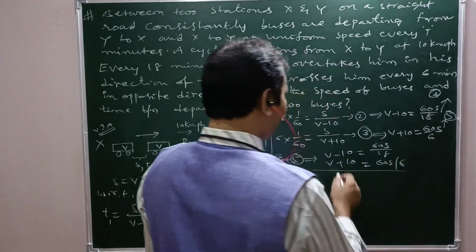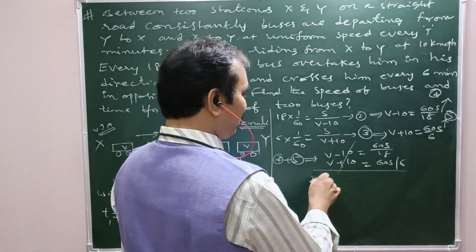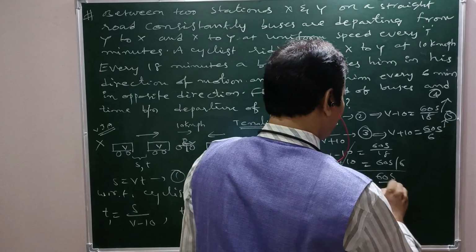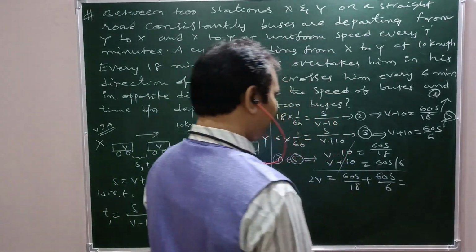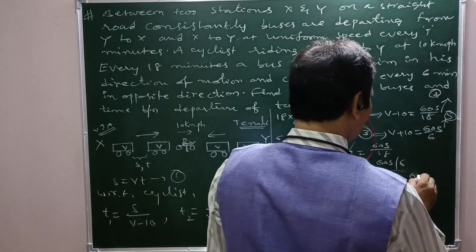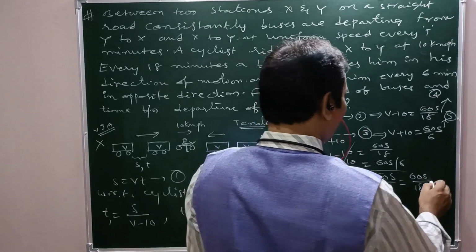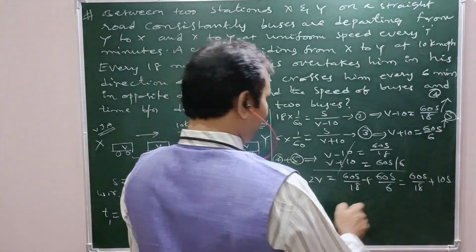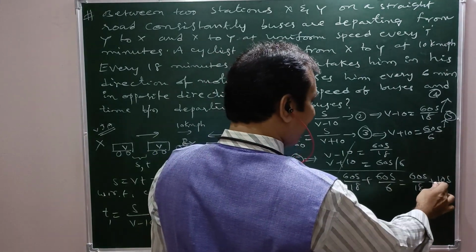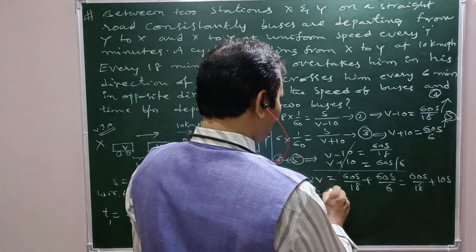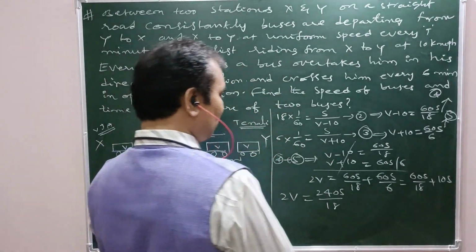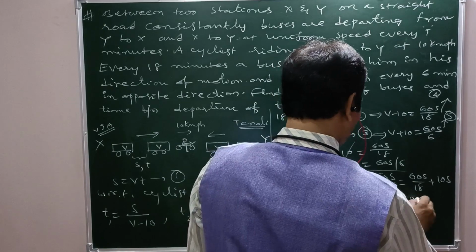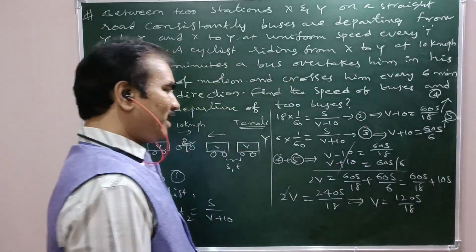Minus 10 plus 10 cancel here, V plus V, 2V, becomes equal to 60 S by 18 plus 10 S. Take LCM 18: 18 into 10, 180, plus 60, that is 240 S. That implies, cutting with 2, V equals 120 S by 80.